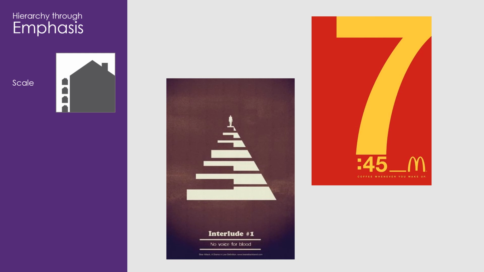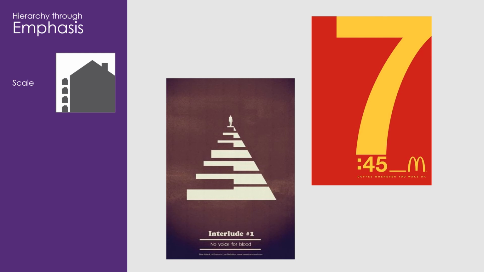Another technique is creating emphasis through scale. So again, the larger thing is going to draw your eye. It's also going to sometimes help become a visual guide to move your eye amongst a page design as well, which I think is definitely at play in the McDonald's ad, right?